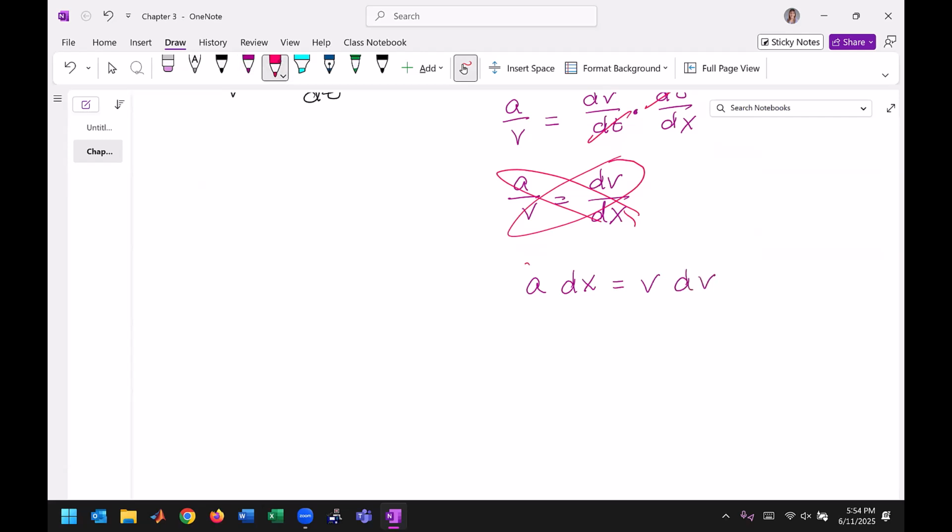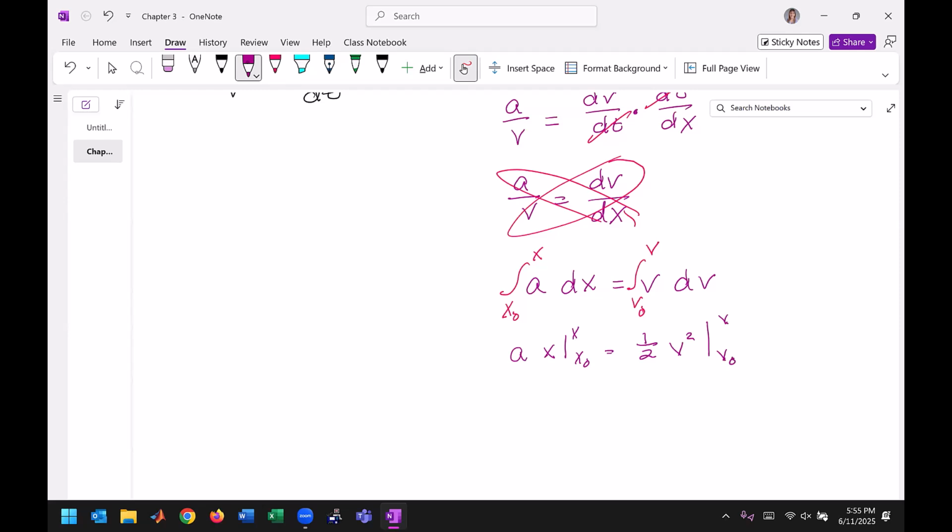Okay, integrate from some x naught to some x final, from some initial v to some v final. Acceleration is still constant, so that comes out, and we have a times x from x naught to x. Now v is not constant with respect to v, so this is just like x dx, so it's 1/2 v squared evaluated from v naught to v.